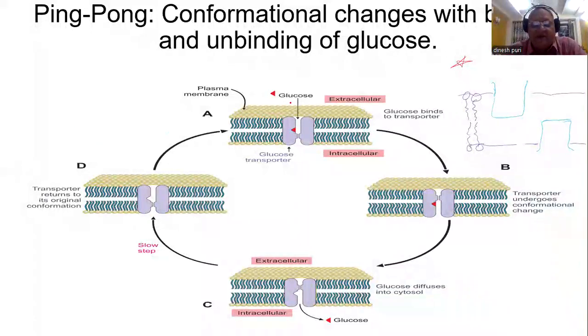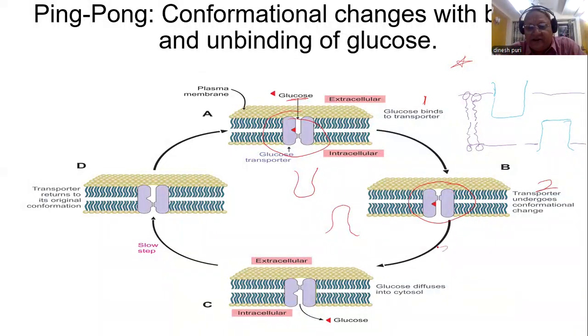First, we are considering the glucose transporter. Binding of the glucose to the transporter is the first step, as a result of which there is conformation change. You can compare these two structures, two conformations. This is called outside open conformation, and this is inside open conformation.